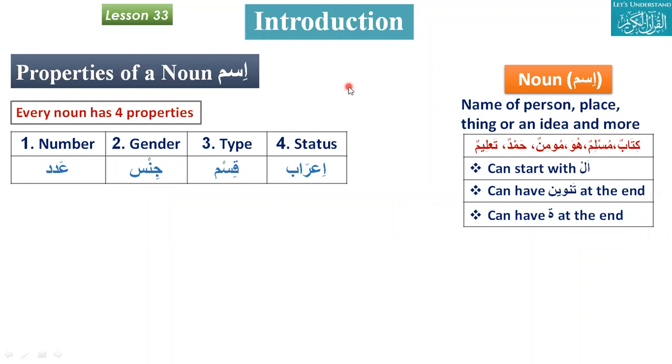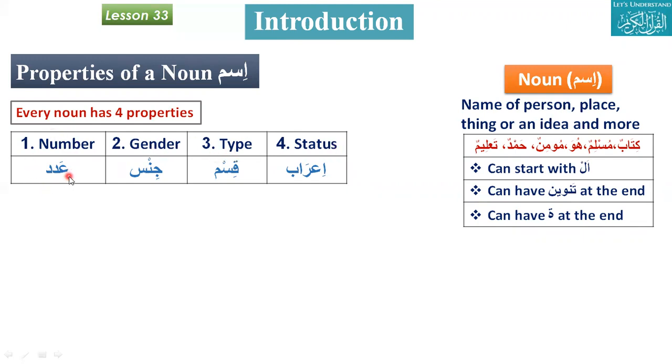Thank you. Arham Rashid. Yes, Arham. Ism, in English we say noun. It has four properties. Name it. Number, gender, type, status.